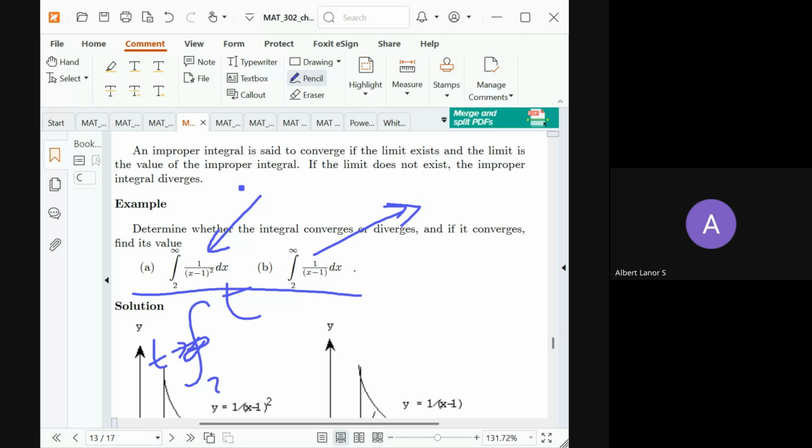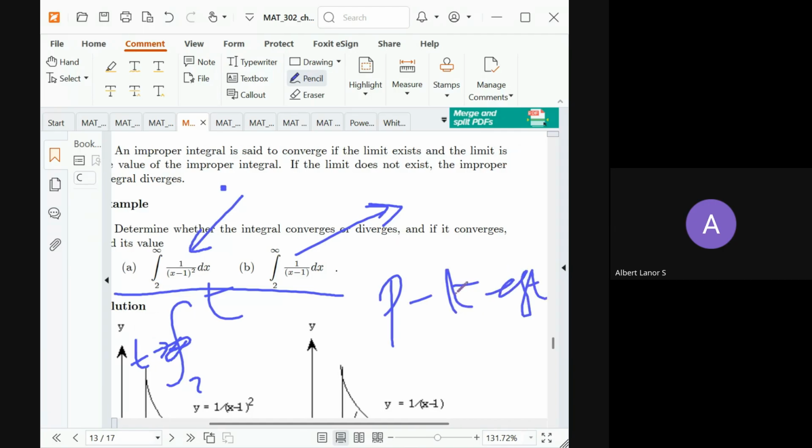Now, if you did introductory analysis, you know that there is something called a p-test, I think it's a p-test, that helps us to know where to break it and where not to break it. So the ratio test and all these other tests, as we have done them.